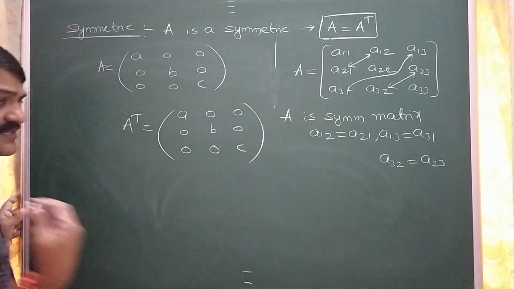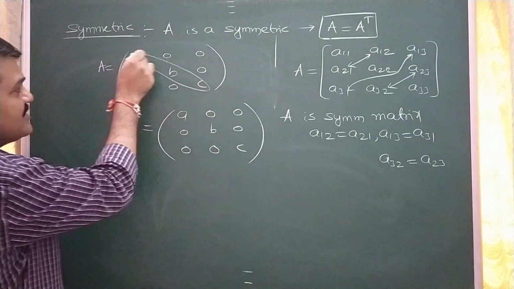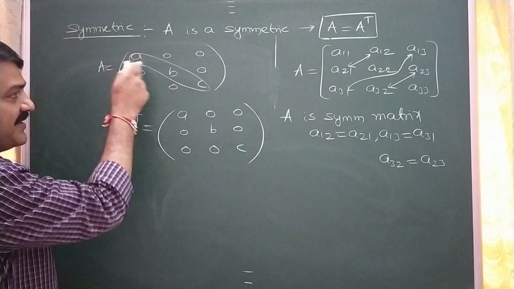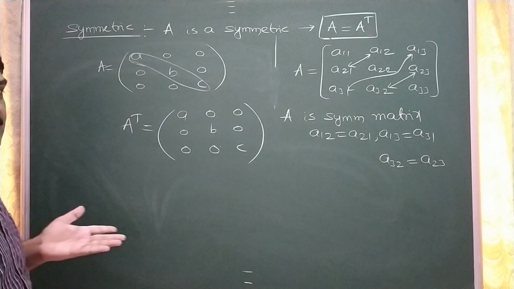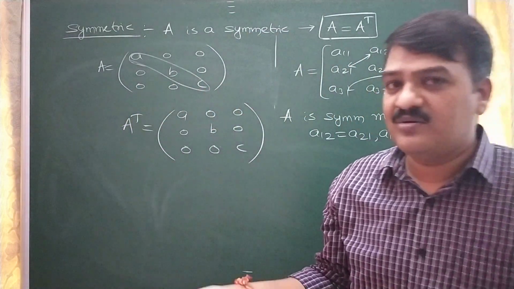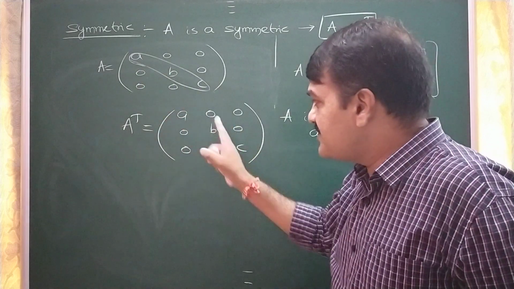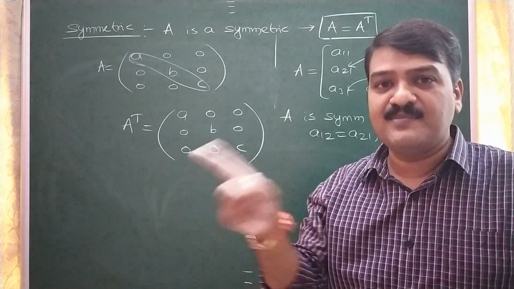Are you getting same? Yes, because by transposing the diagonal elements will not change. Anyhow, diagonal elements place same you will get, and remaining elements are zeros only. So zeros, if they are changing also, nothing will happen. So diagonal elements will not change. Therefore any diagonal matrix is symmetric.